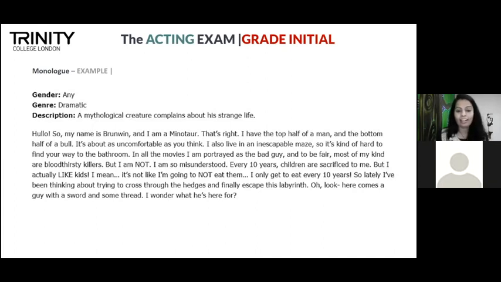So the child has to be audible while performing this monologue, take the right pauses, and emphasize those points, phrases and words which will communicate the character of the minotaur, who is a frustrated creature stuck in a very imaginative world. So that's what is expected from the monologue at an initial grade level.